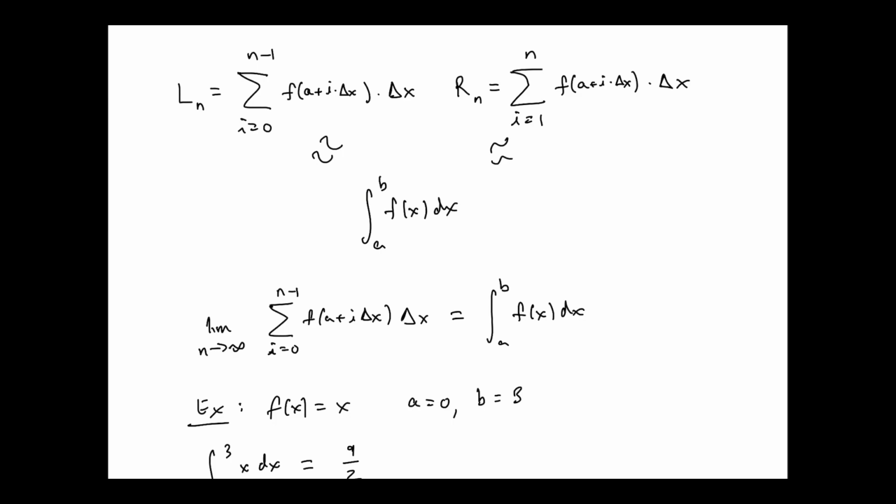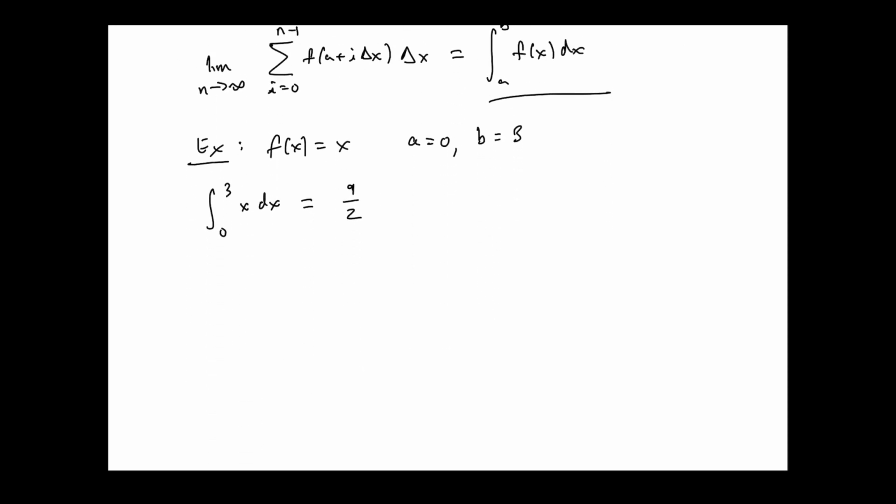They should both approach the same thing, namely in this case 9/2, but in general the actual integral. The right-handed version is maybe slightly more convenient because it starts with 1 instead of 0, but that's basically the only difference. So I'll do the right-handed version. It'll make some of the arithmetic slightly cleaner.